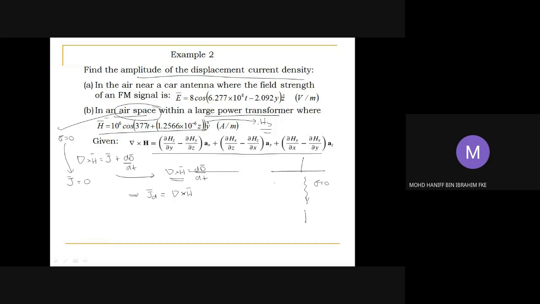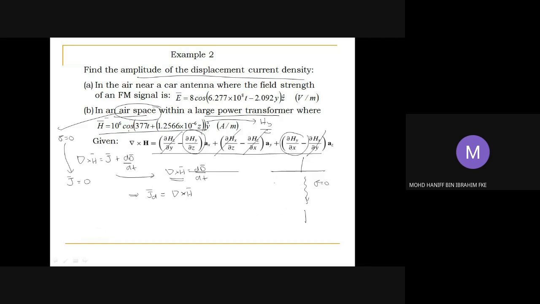For the HY component, if we base on this equation here, we have this differentiation and also this differentiation. The rest can be equated to 0, because all of these are not HY, we have HX and HZ. So our interest will only be on these two terms here, which is dHy over dZ and dHy over dX.